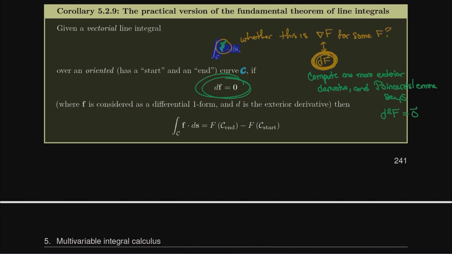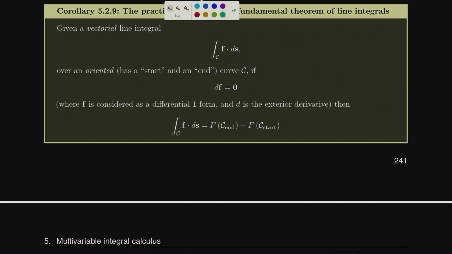If it's closed, it has a primitive, and the primitive of a gradient would just be the scalar field which produced the gradient. Anyway, so the corollary really is stated, interpreting the corollary another way, we're going to check if this is a closed differential one form.